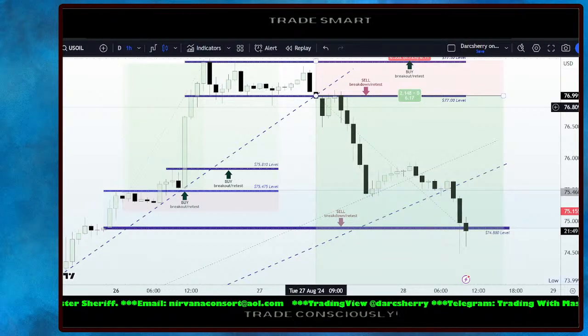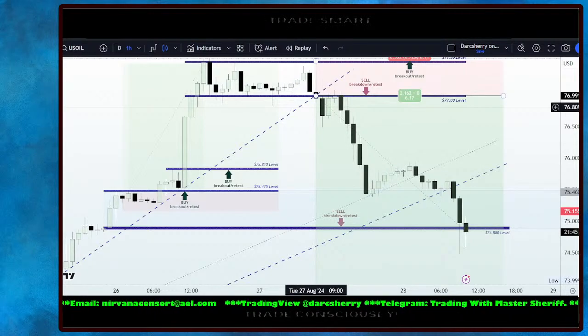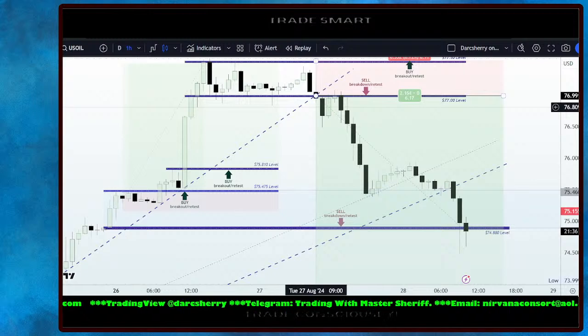This could primarily be driven by concerns over slower economic growth in both the United States and the Chinese economy. These concerns weigh heavily on the oil market, as both countries are major consumers of oil.